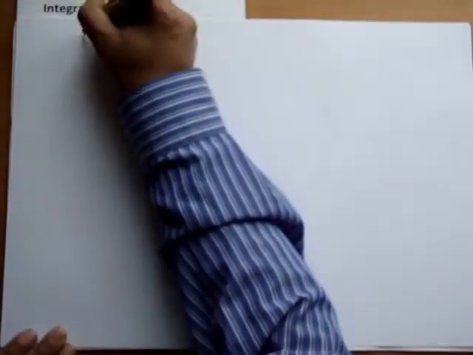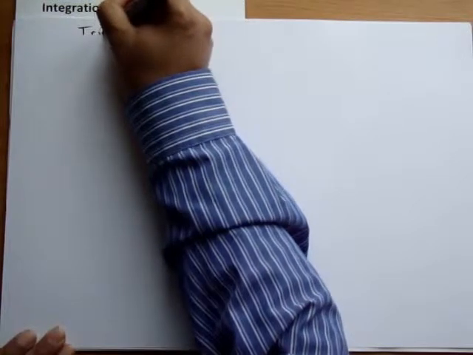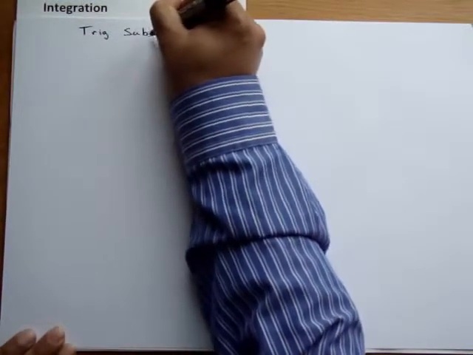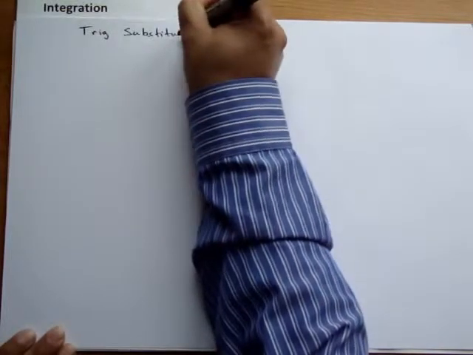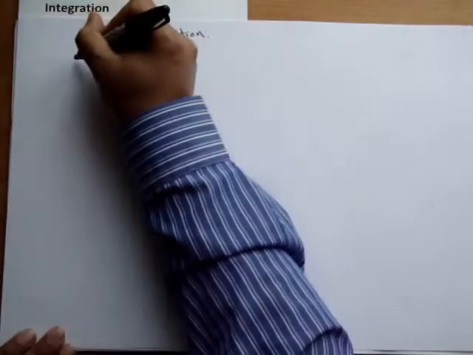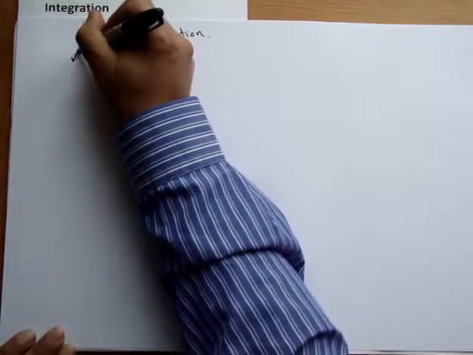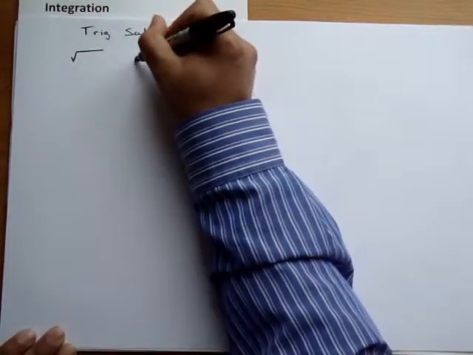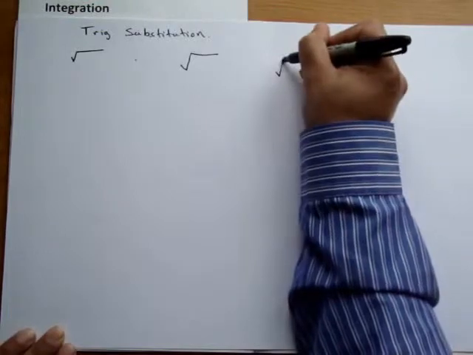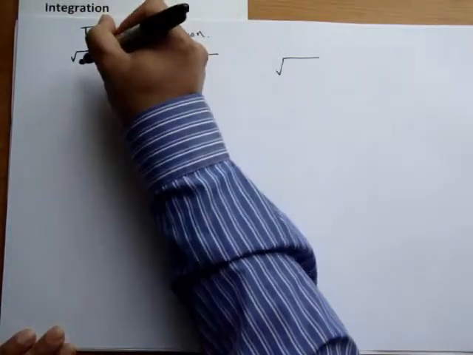Integration and trig substitution. Now, trig substitution is used when we have something like this in the form of this, or this, or this in the integrand.